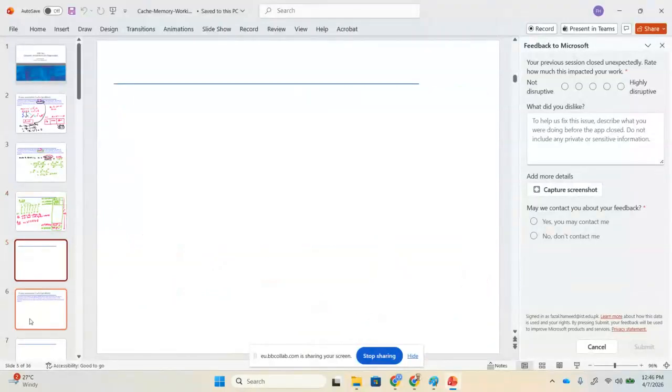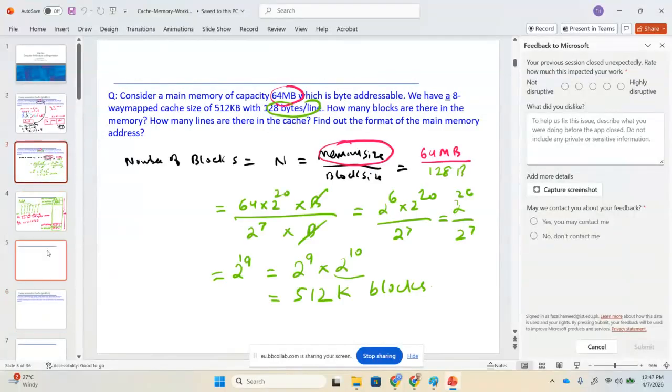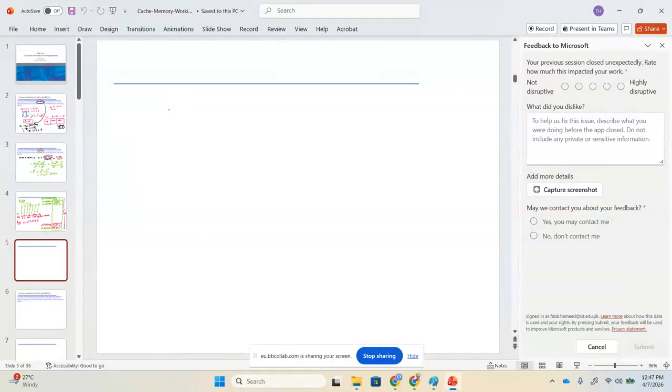Okay, how many lines were there? Total number of lines were there. How many lines were there? 2 raised to 12. The total number of lines that we calculated. So this will be 2 to the power 12 lines in the cache.